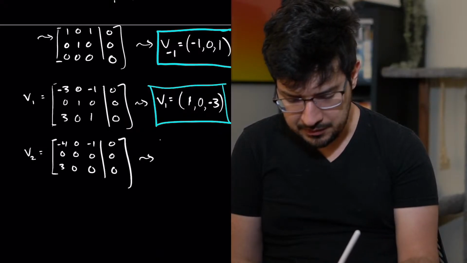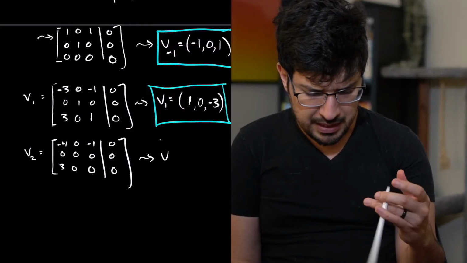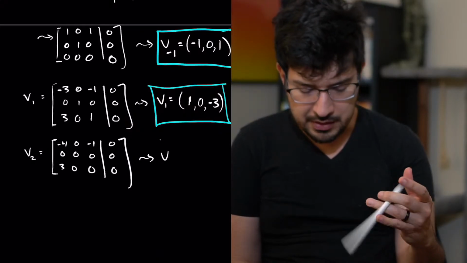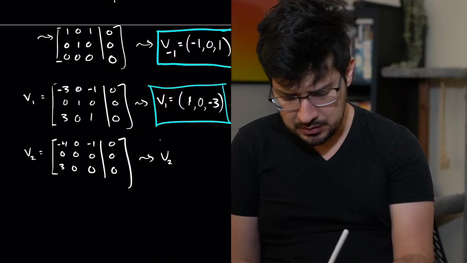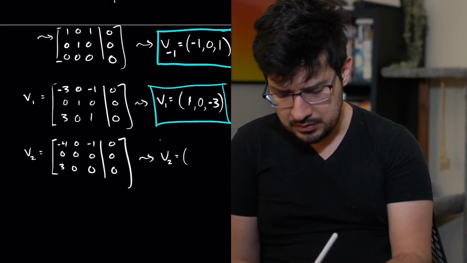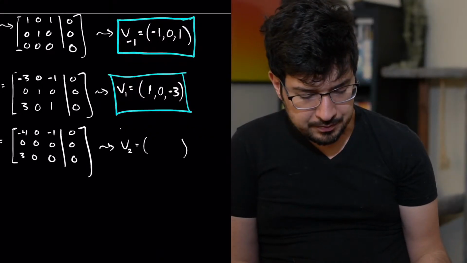So this is the system that we're solving. So V2, that doesn't look dependent. Oh, wait, no, it is. Yeah, it's a one-dimensional null space.